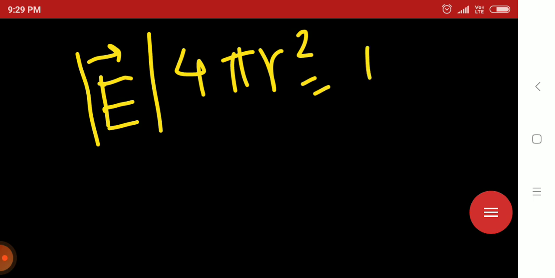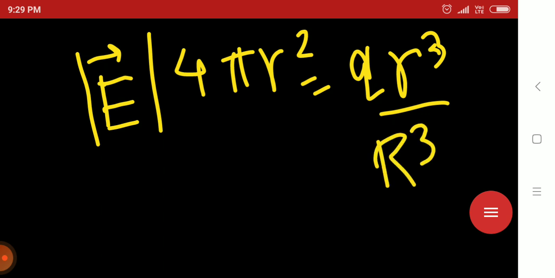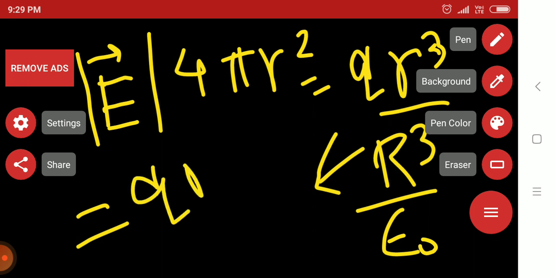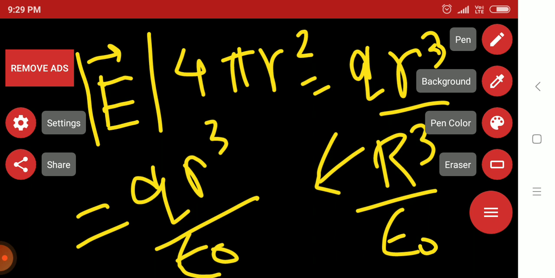Q enclosed is Q into small r cube by capital R cube, divided by epsilon naught, the permittivity of free space.